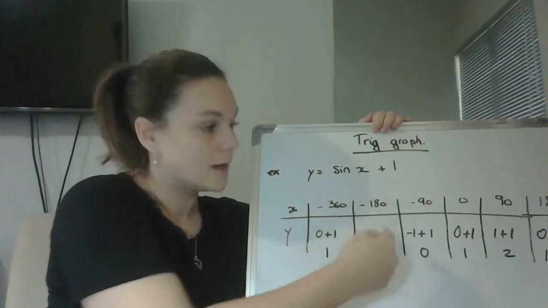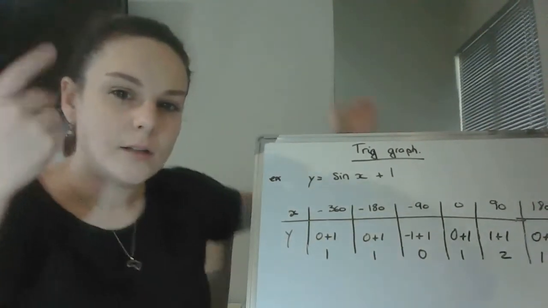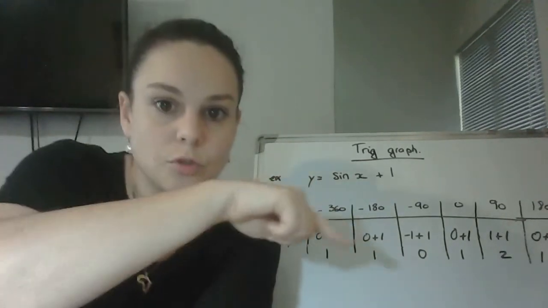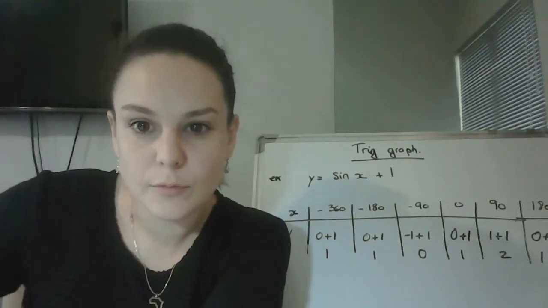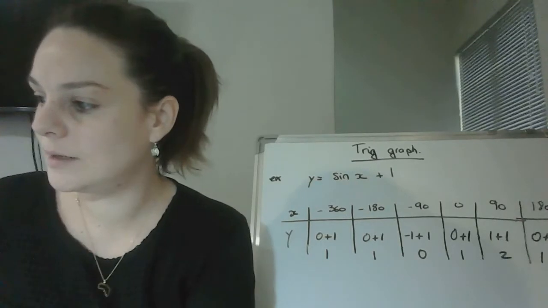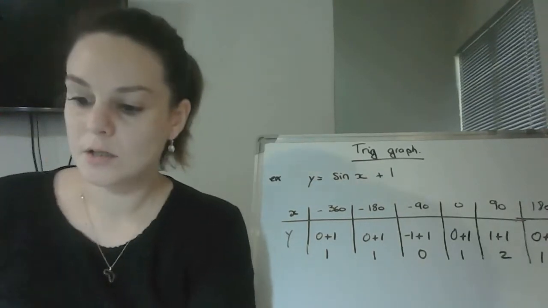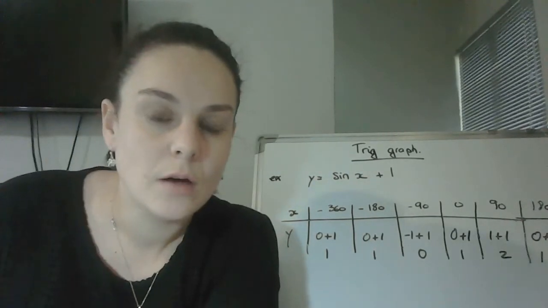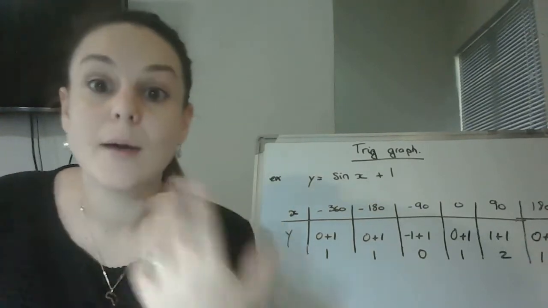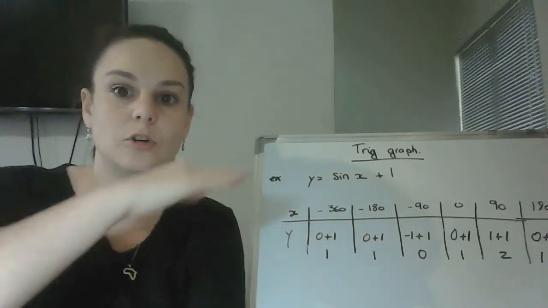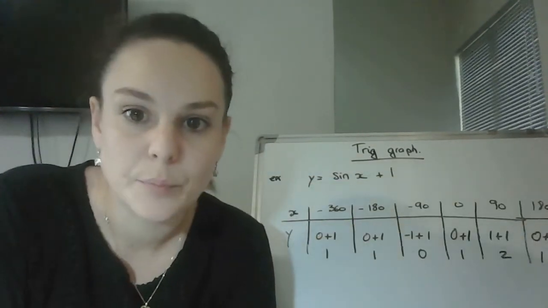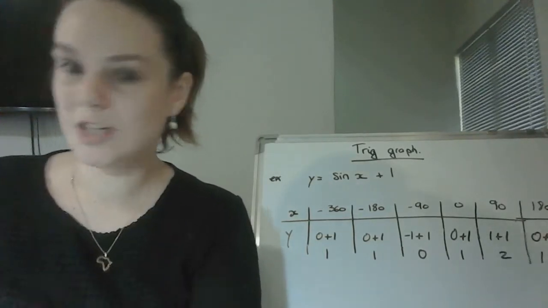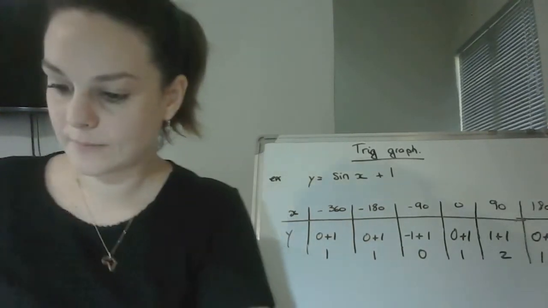Then I need quite a lot of points to draw my sine graph because it's a repetitive wave pattern. So if I only use a few points, I might feel like I've got always the same number repeating the whole time, which is just an illusion.